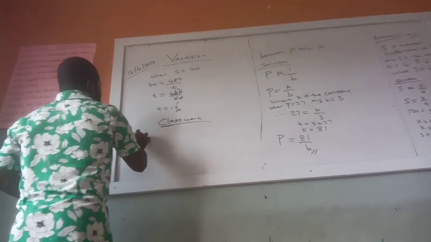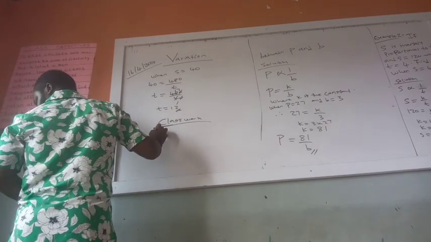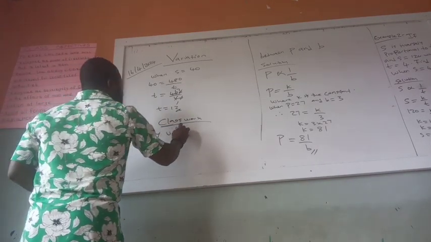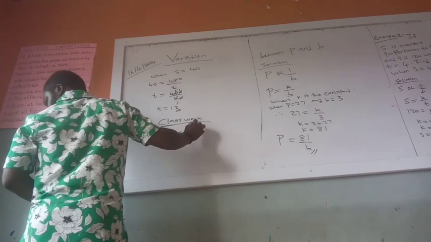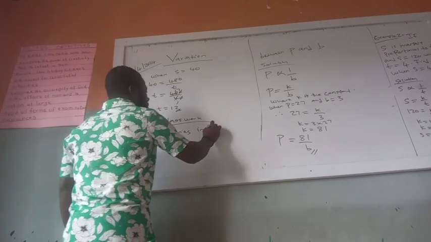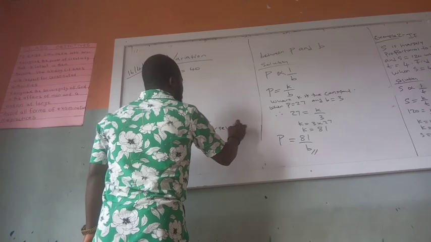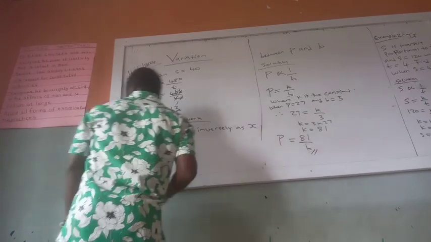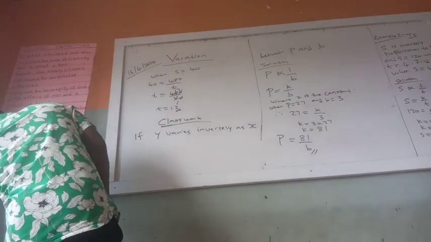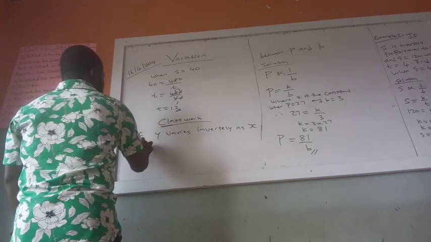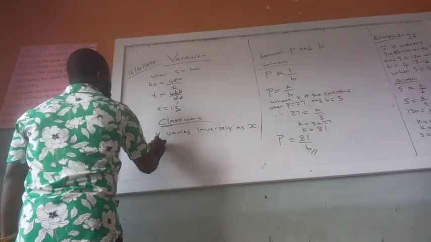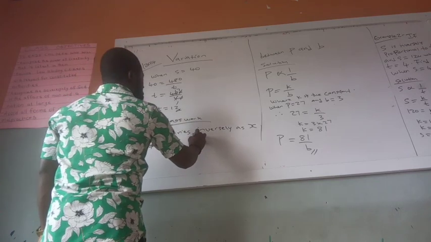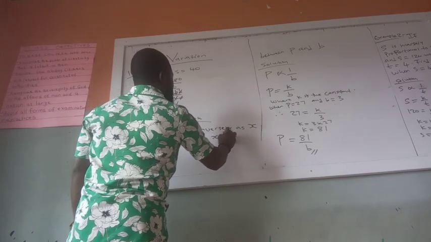So the question says, if y varies inversely as x, and y equals 2 when x equals 3.